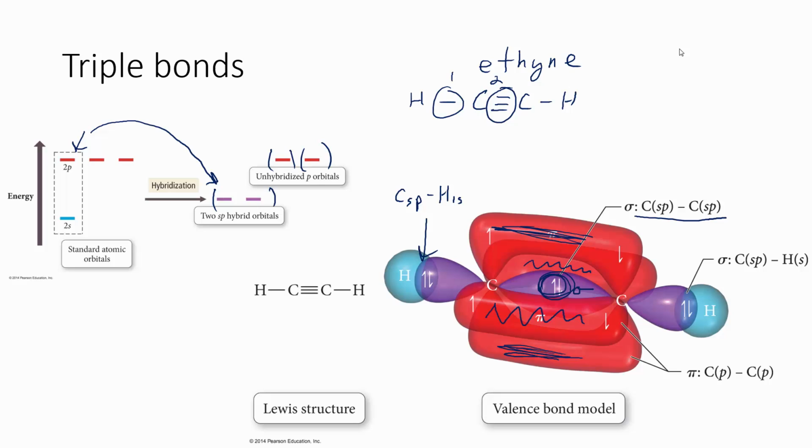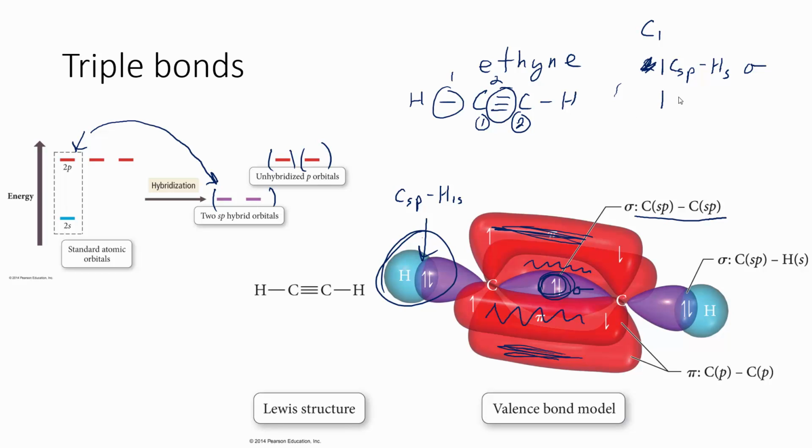So if we're going to describe the bonding here, we'll call this carbon 1 and this carbon 2. On carbon 1, we have one carbon sp to hydrogen s sigma overlap. Take that back, we have this one right here. The other one's on the other carbon.